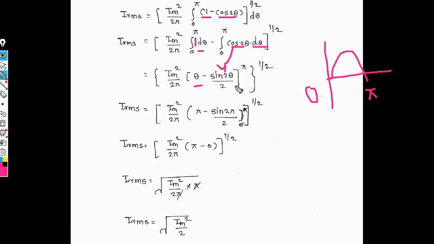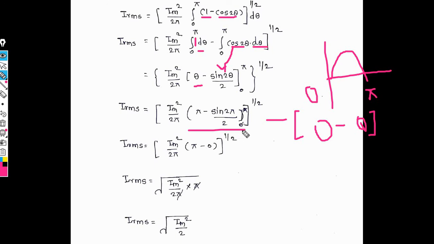Then we put the upper limit and lower limit, that is pi minus sin 2 pi upon 2. We are taking only the value of pi, because the value at 0 is 0 minus 0, so both values are 0.